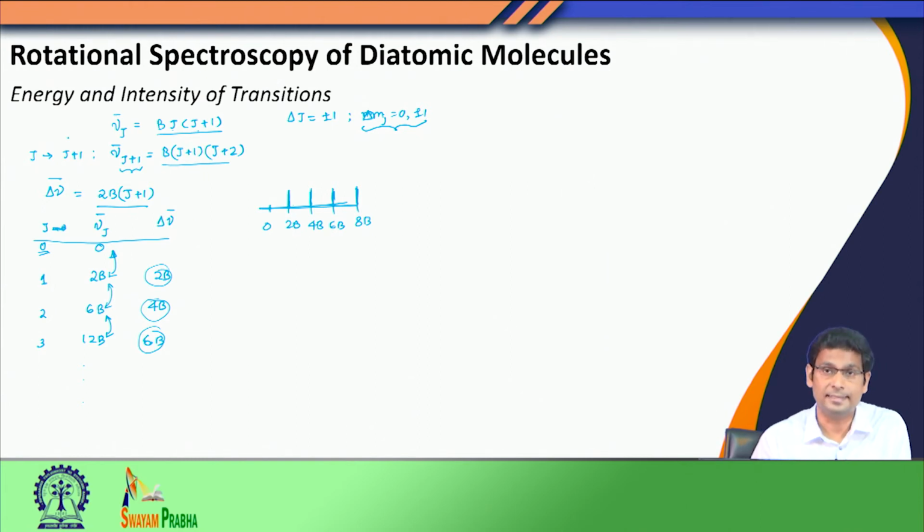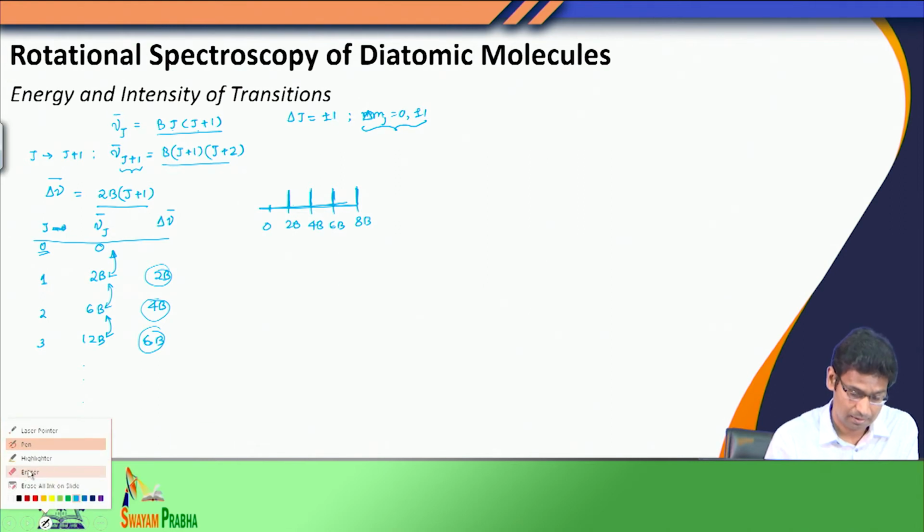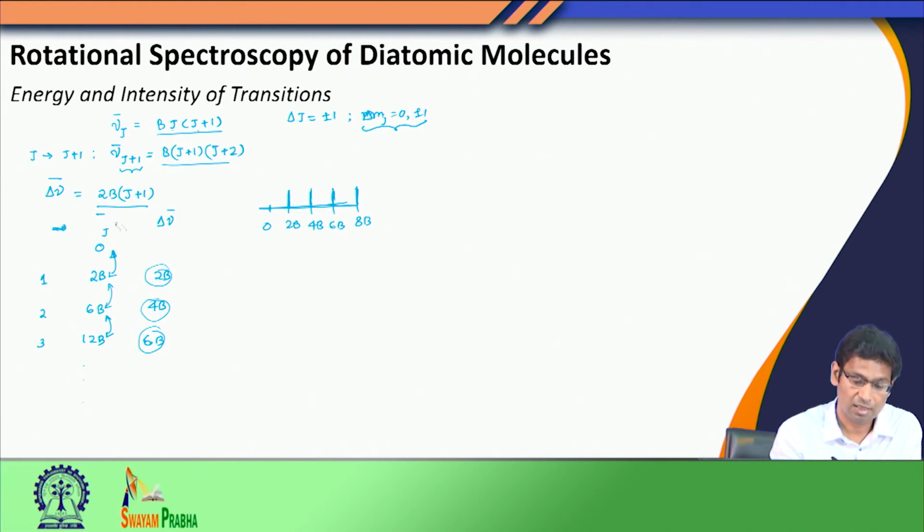What about the intensity? Now, I am just drawing the intensity of all these transitions as equal, but let us discuss the intensity of these lines. Just before that I will erase this, so that we have a little space for the discussion.